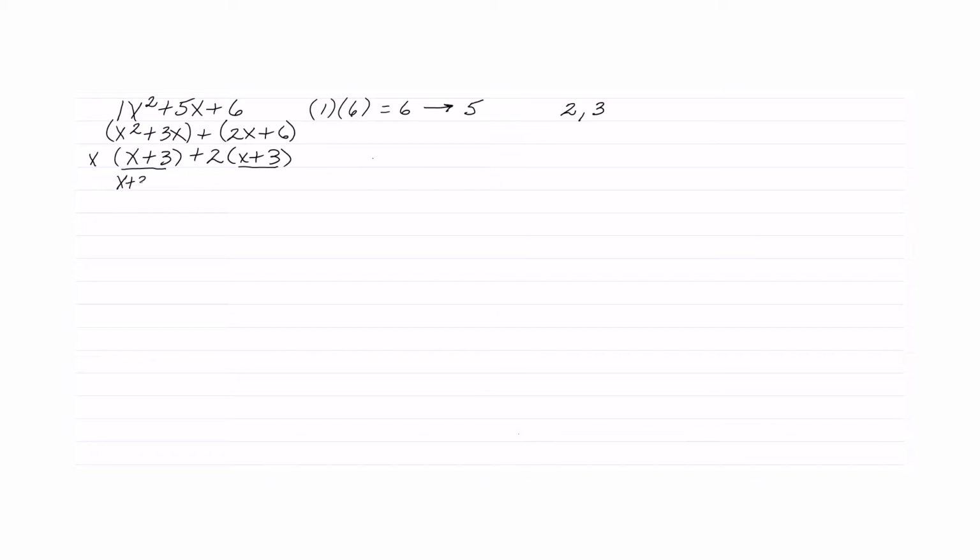So pulling out our x plus 3, what's left is x plus 2. So this was pretty easy in the sense that when we consider that our first coefficient was 1, we were really just looking for the factors of the last coefficient that wind up equaling our middle term.